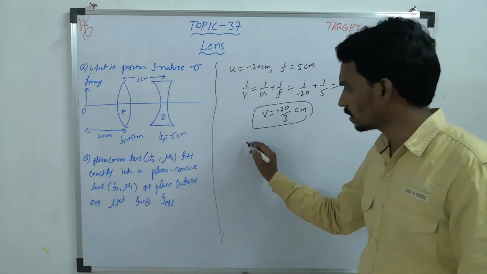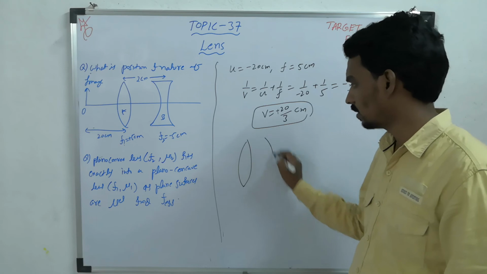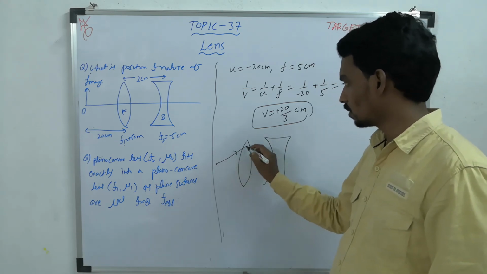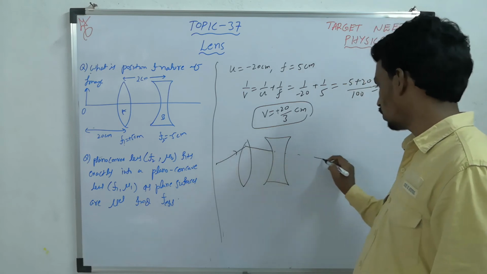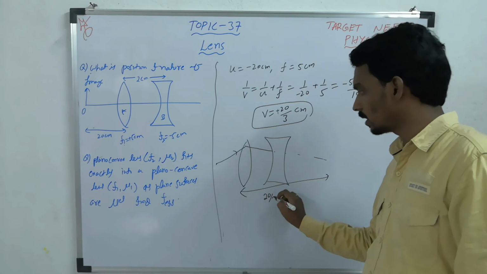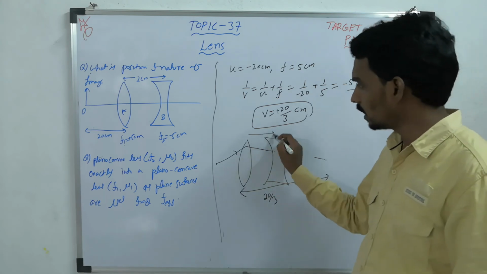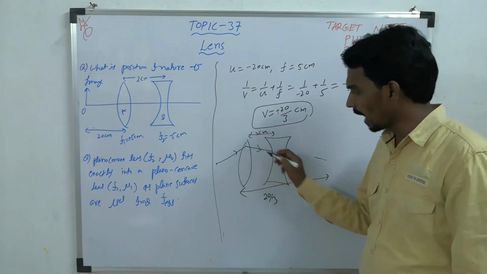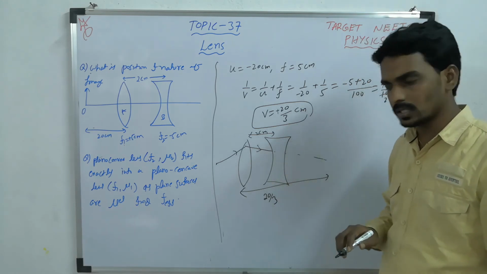That means the object ray goes and its image should form somewhere, at a distance of 20 by 3. Now here there is one more lens at a distance of 2 cm. Now this acts like an incident ray for this one.